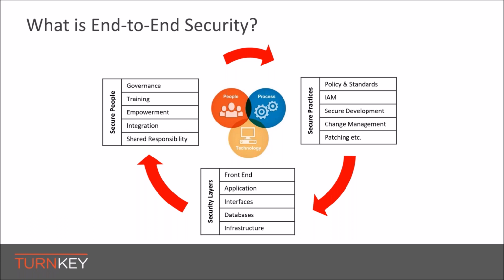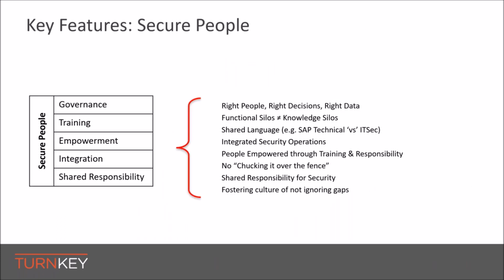It's the same sort of way that you approach a lot of these problems with people, process, technology. But we're looking at those and breaking them down to understand what needs to be done in each of those areas in order to improve your security posture in your SAP environment and manage the risk of external threats.